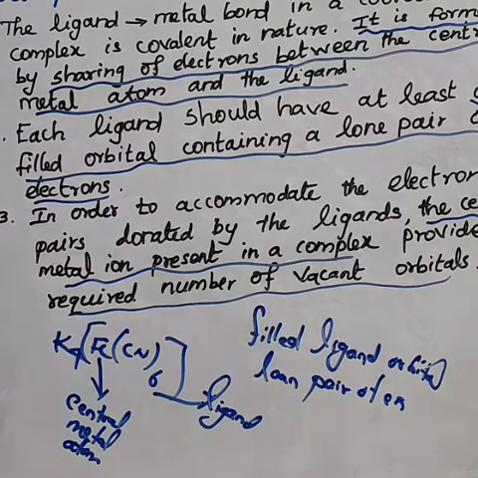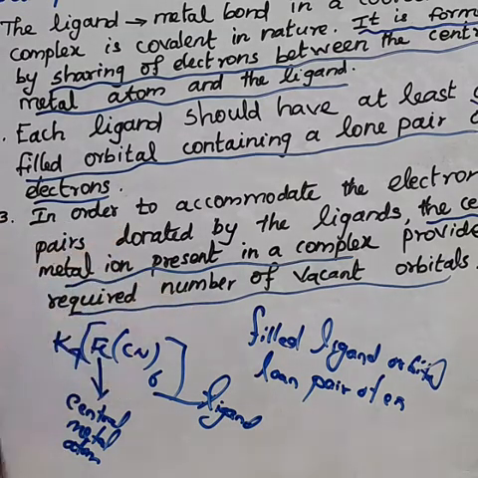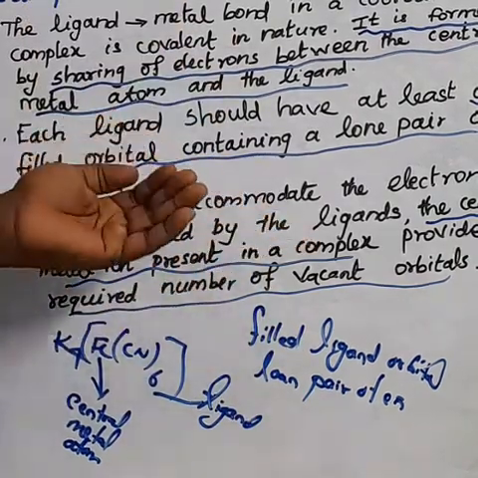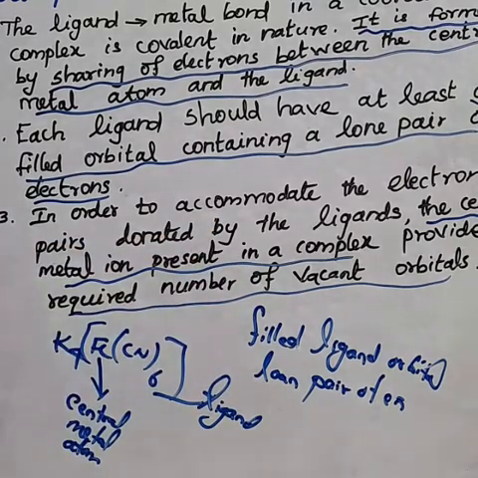The bond between the central metal atom and the ligand is formed due to the overlap of the filled ligand orbital, containing a lone pair of electrons, with a vacant hybrid orbital.